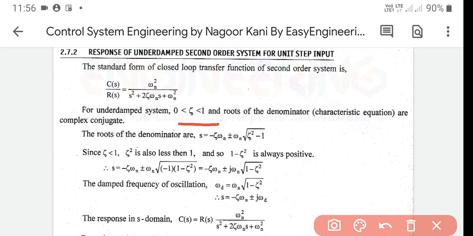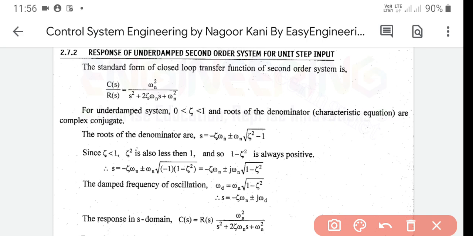We have derived the roots for this case. So what are the roots? The denominator is the characteristic equation, that is, S square plus 2 zeta omega n s plus omega n square is equal to 0. Based on that you have derived the roots for this denominator.